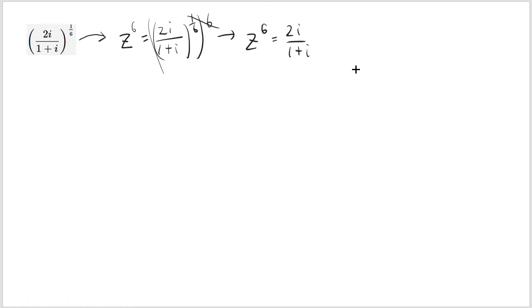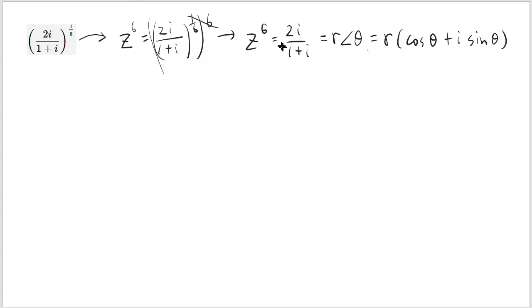Now one key to compute such a thing is to represent the given number in polar form, r angle theta, which is a shorthand for r times (cosine theta plus i times sine theta).